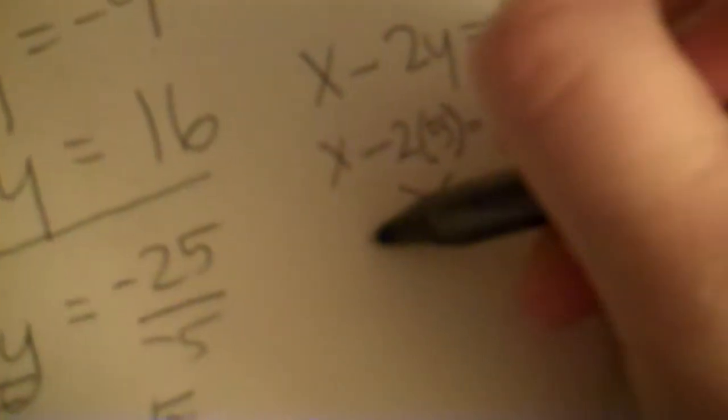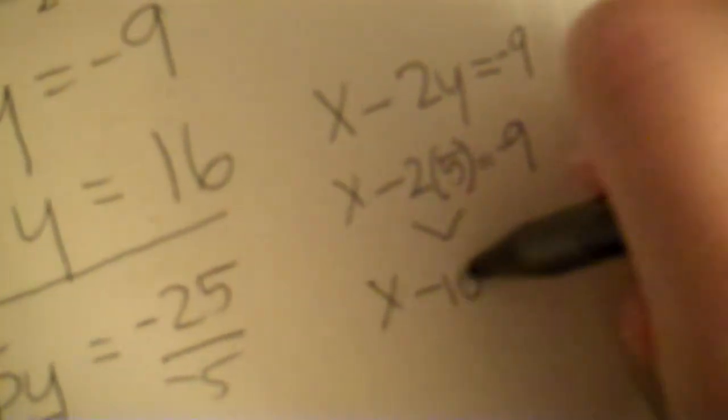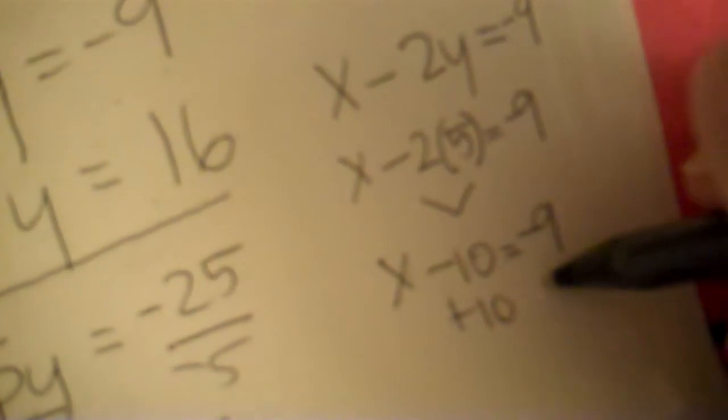Now go ahead and multiply this, and we have x minus 10 equals negative 9. Add 10 to both sides, and I'm left with just x equals 1. And so now my solution for this would be 1, 5.